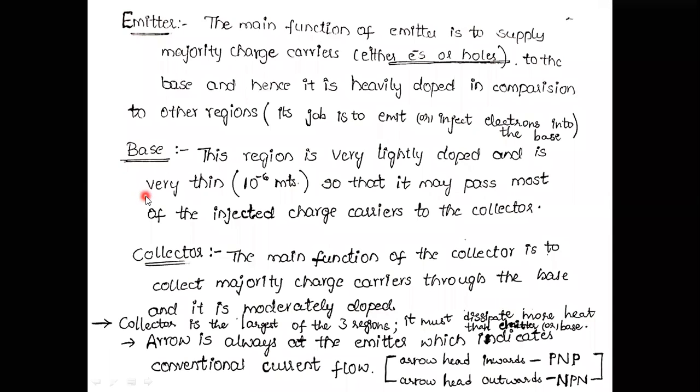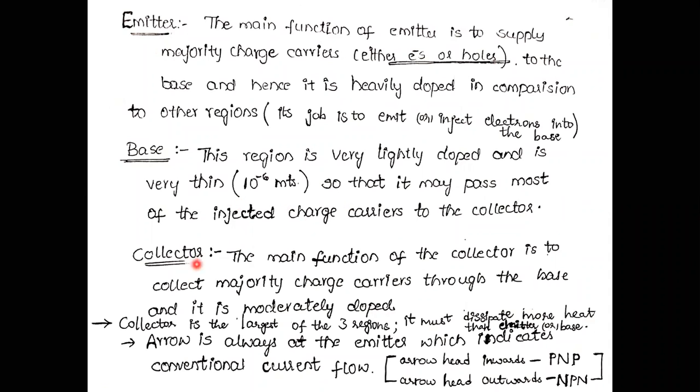The emitter terminal is heavily doped, but the width of this region is moderate. The base terminal is very lightly doped and very thin, in the range of 1 micrometer.